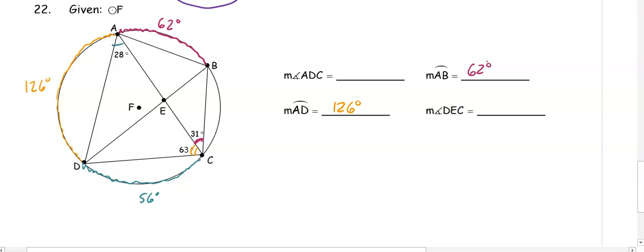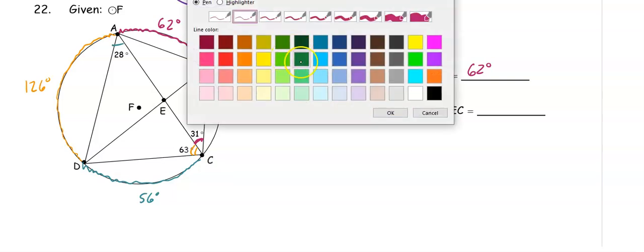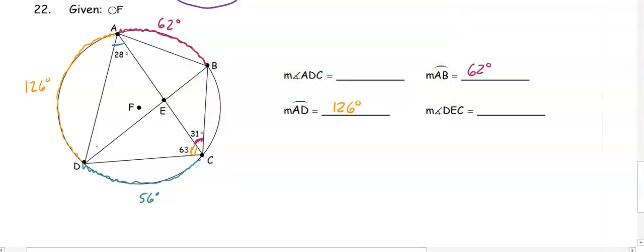Now we want to find the measure of angle ADC. Well, ADC is intercepting the arc from here to here. So we need to know what BC is.